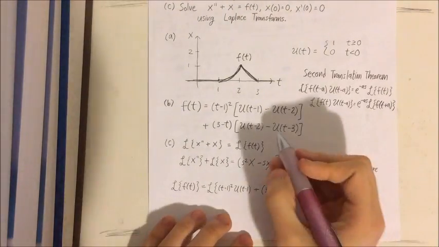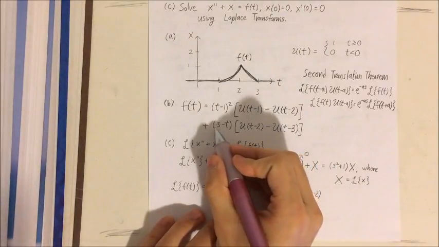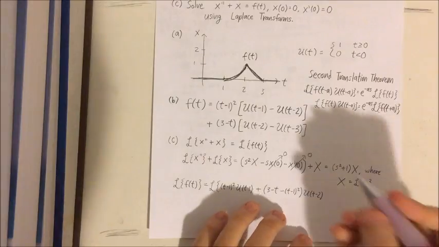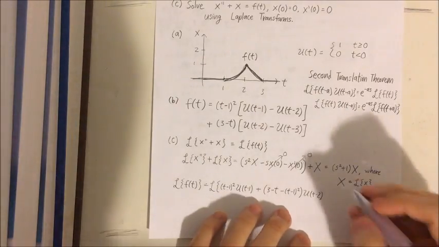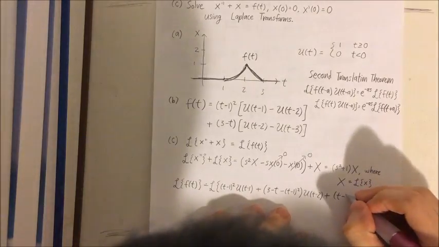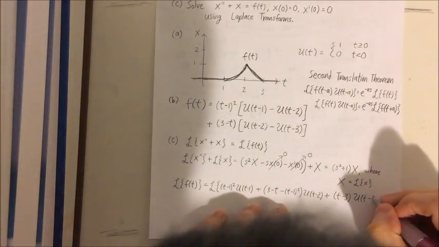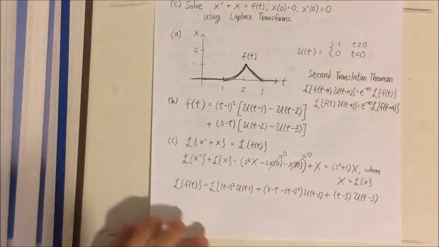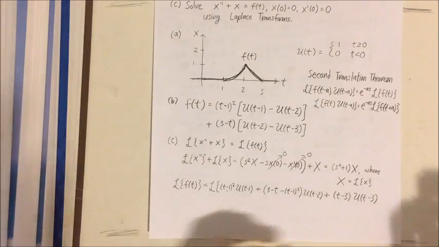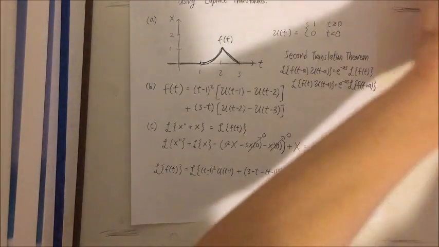But the nice thing we can do is, since this is a negative, we can put the negative into here and reverse the order of these variables. By putting the negative in, we basically add t minus 3 times u of t minus 3. So now you see we have these two agree, we have these two agree, and now this one is going to be the tricky one. So we have a little bit of an idea of how we're going to solve the problem.